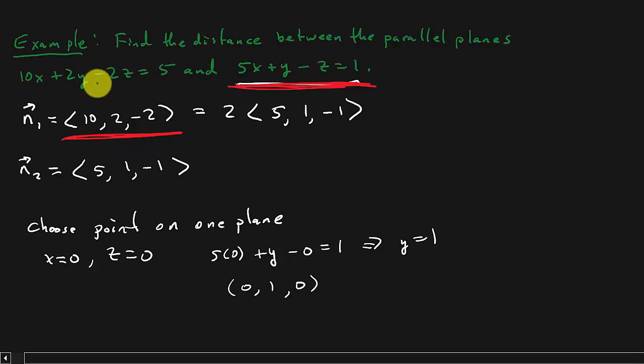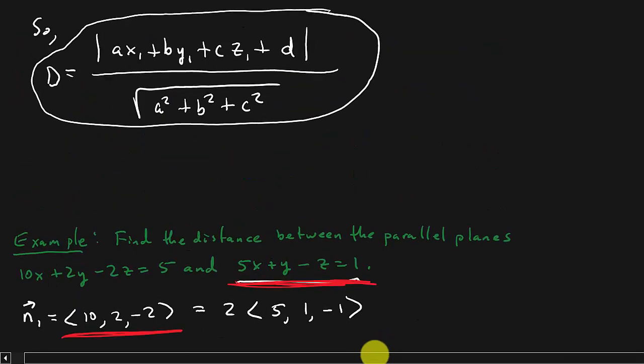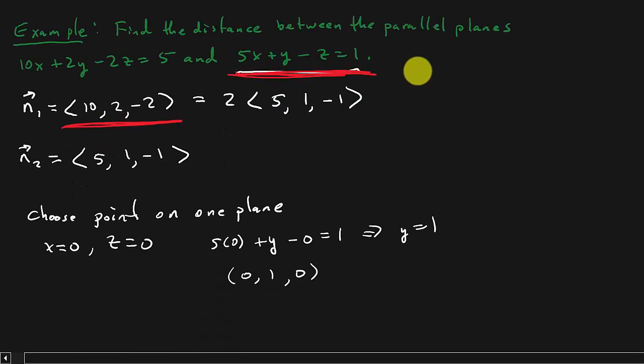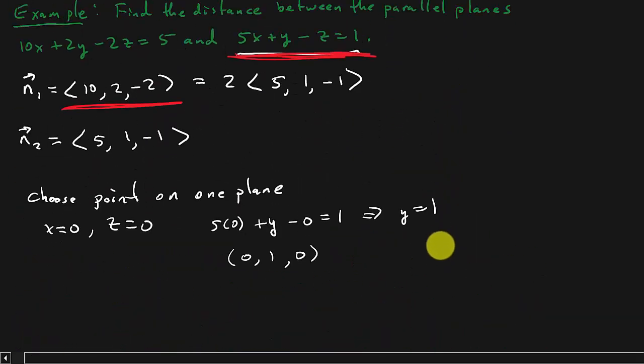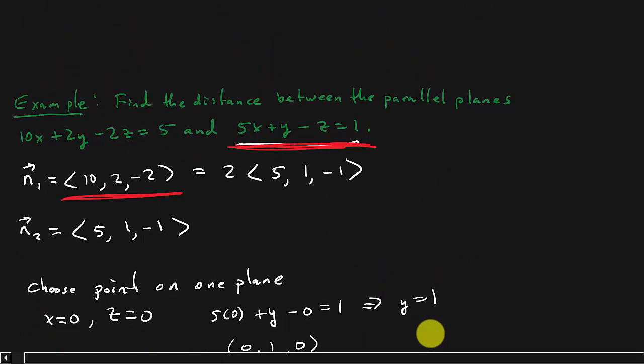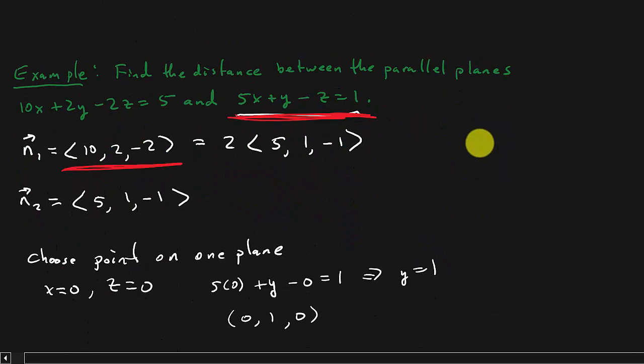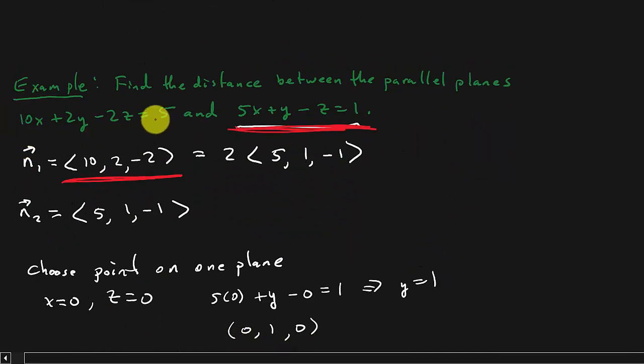You see that? So there's my A, B, C, right? Take a look at our formula up here. There's my A, B, C, and plug all that in. Basically what I'm doing is I'm taking my point 0, 1, 0 and plugging it into this plane right here, because my point's on this plane.